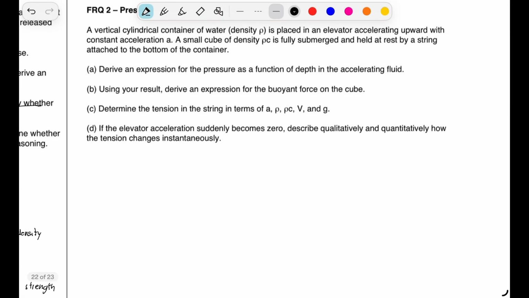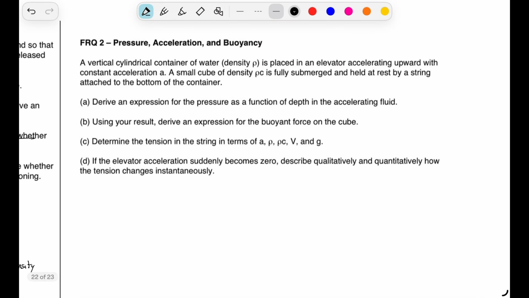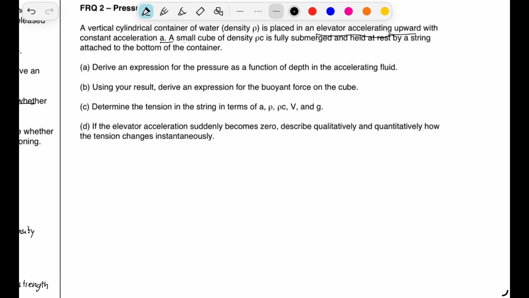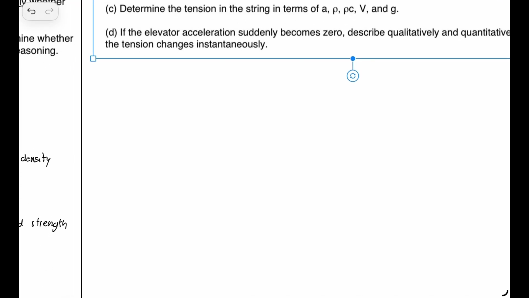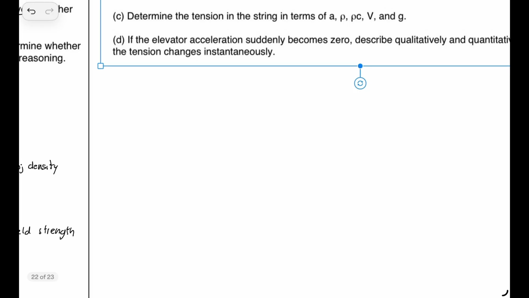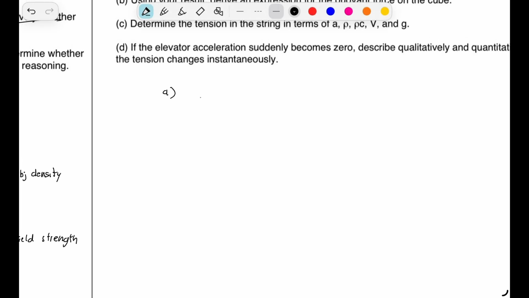A vertical cylinder is placed in a submerged accelerating elevator that's going up with a constant acceleration of a. The small cube of density rho C is fully submerged and held at rest by a string attached to the bottom of the container. First, we know the pressure is in an accelerating fluid, so you're going to have a fluid with effective gravity.